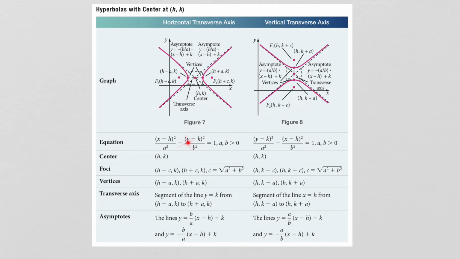And instead of having y squared here, we have (y minus k) squared. From there, you can get all of this information by just knowing the values of a, b, and c. And if you want to memorize all this stuff, you can, but it really isn't necessary for sketching the graph of a hyperbola. So let's go ahead and take a look at an example where the center is not at the origin.